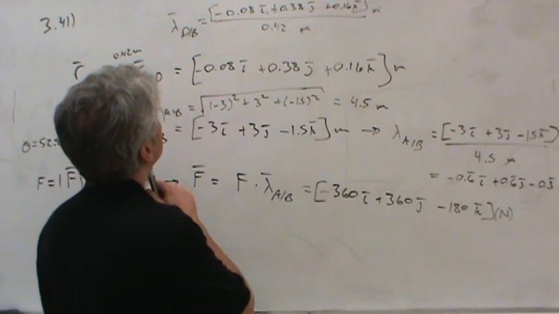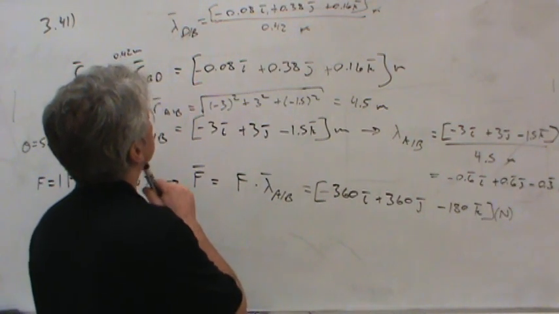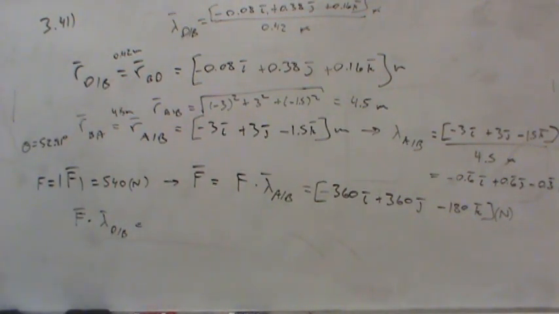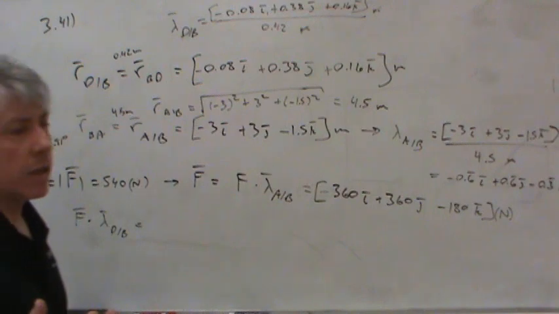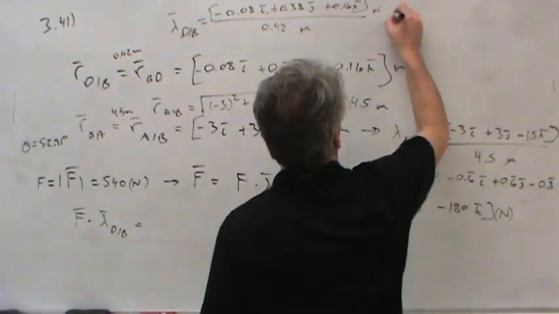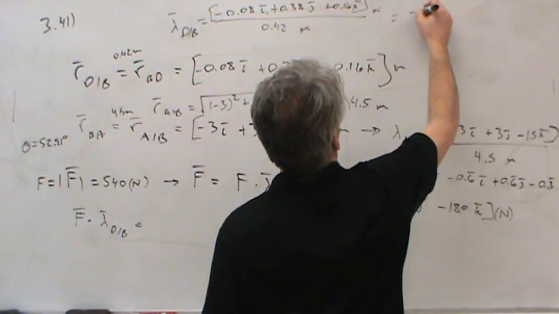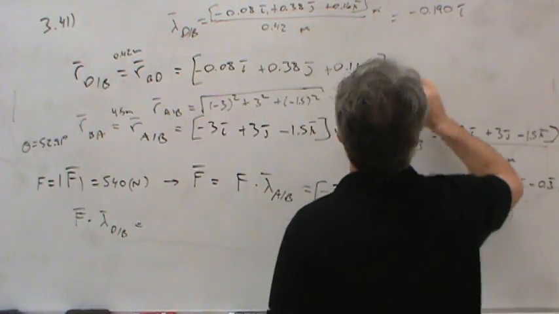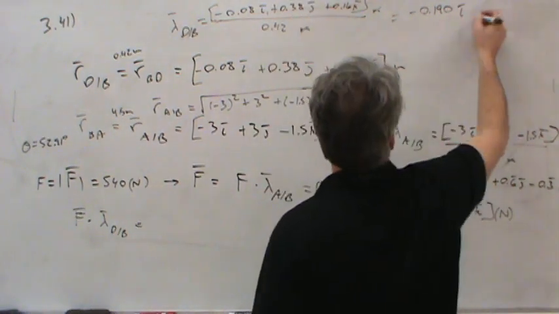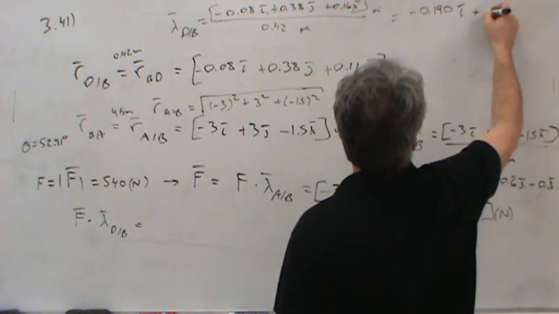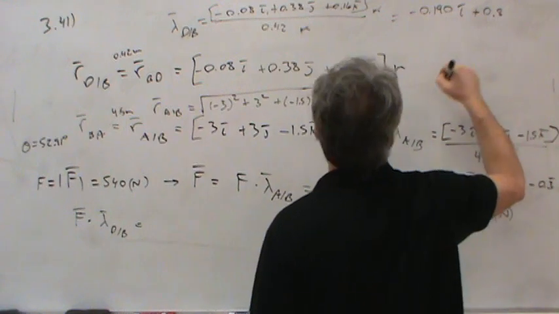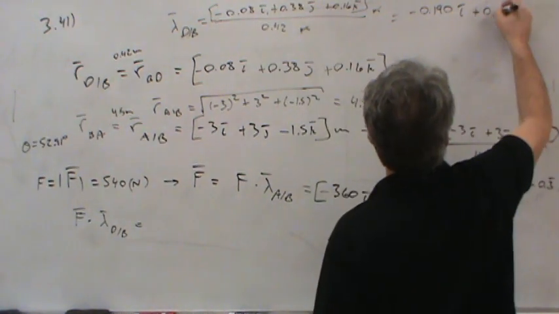Or, yeah, negative. Wait a sec, that doesn't make sense to me. That's what I got. Okay, I'm sorry, what's the number again? 0.190. 190, thank you, in the I direction. How about 0.38 over 0.42? 0.905, yep.